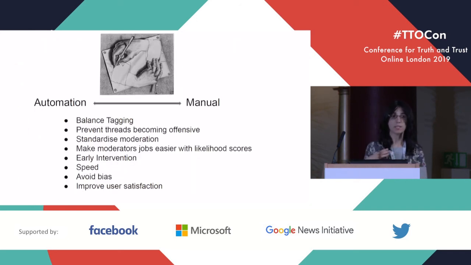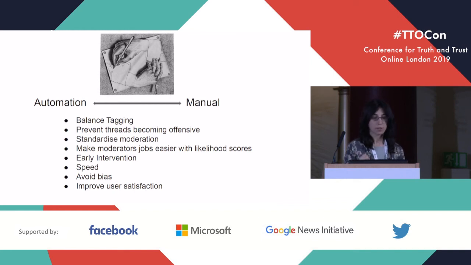So I think the way that I see moving forward an automated and manual moderation system at Mumsnet is best displayed by this MC Escher picture, which is one that is working constantly in tandem, helping to draw and build the other. So automation can help us balance our manual tagging process.